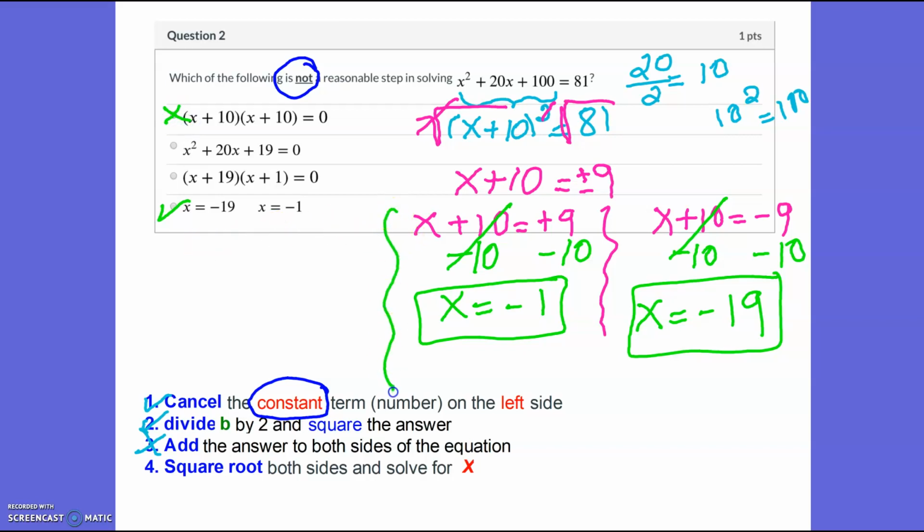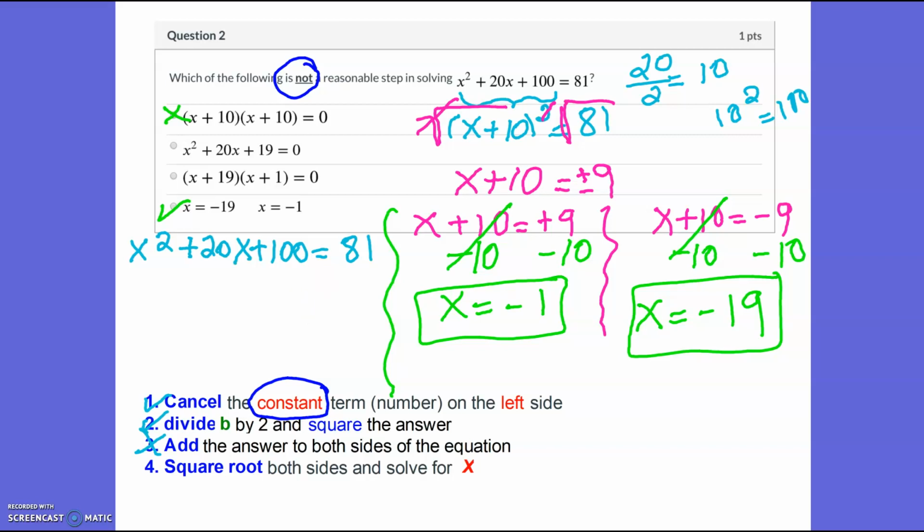We could also solve this equation in a different way. x squared plus 20x plus 100 equals 81. We can also set this equation equal to 0.